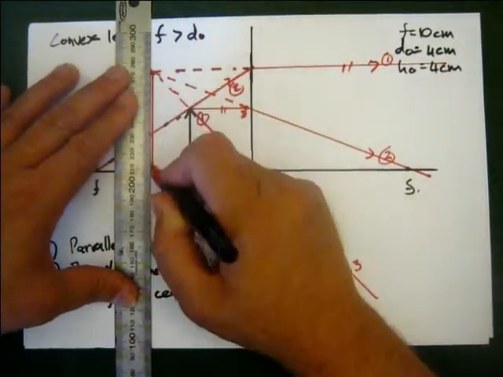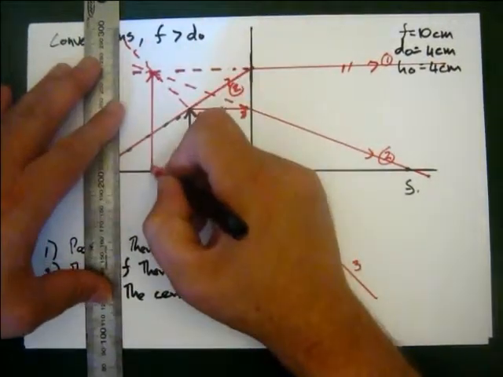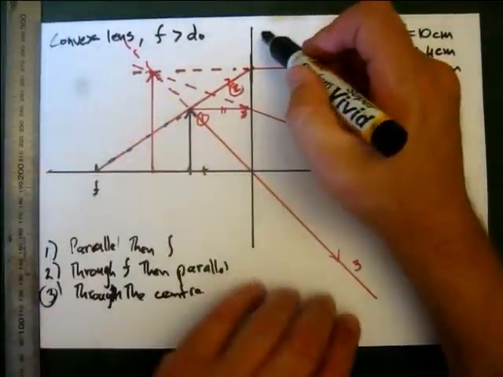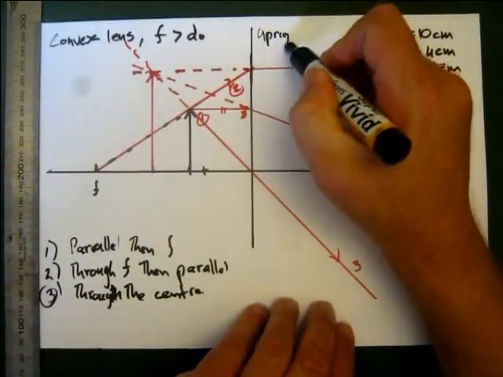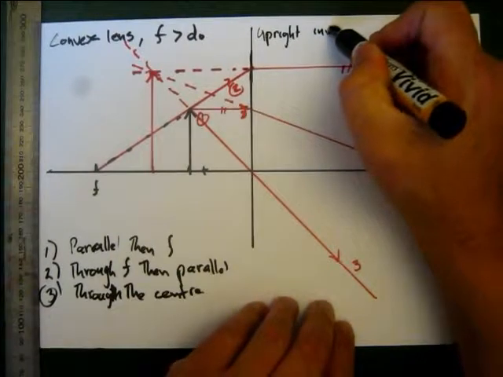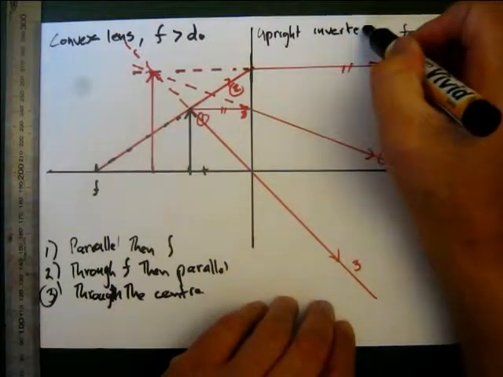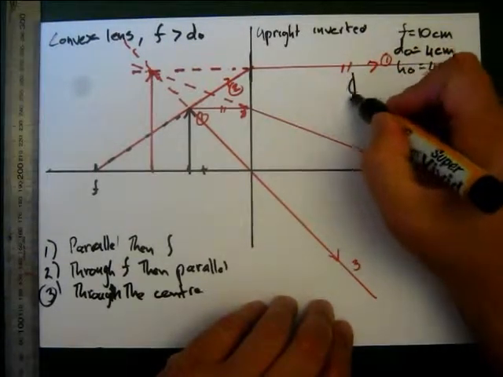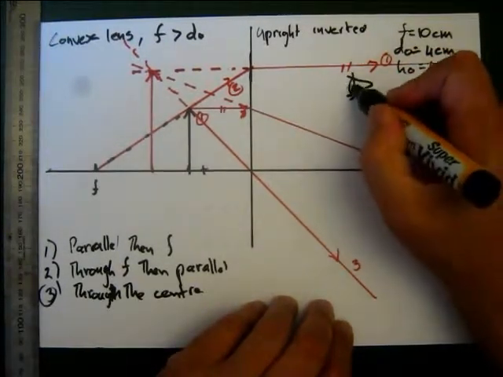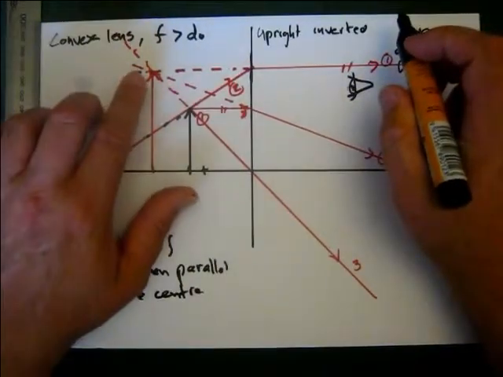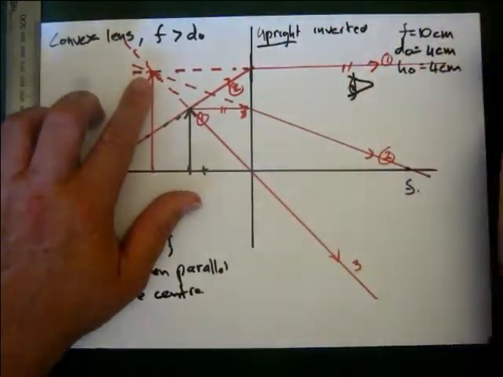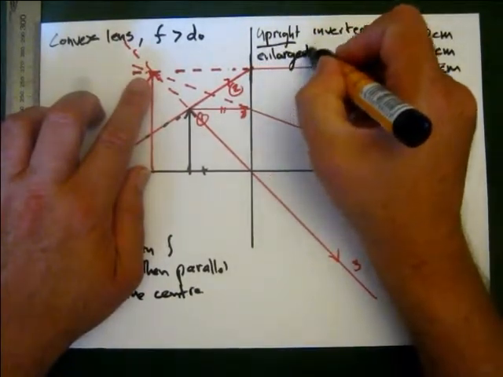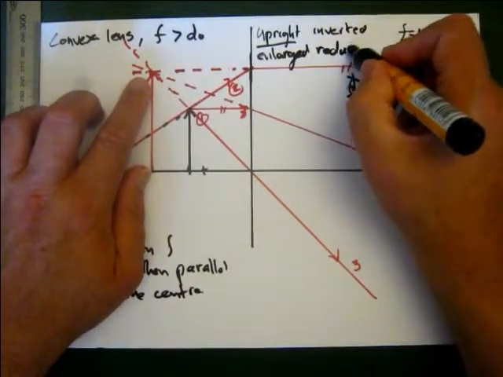And so this is literally the case of a magnifying glass, because I look at it and I ask my 3 questions: upright or inverted. I'm looking from over here, this is my eye over here somewhere, and what I see, this is upright. Then I ask enlarged or reduced, and it's going to be enlarged.